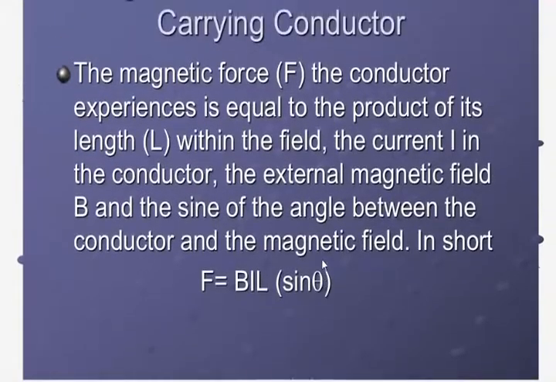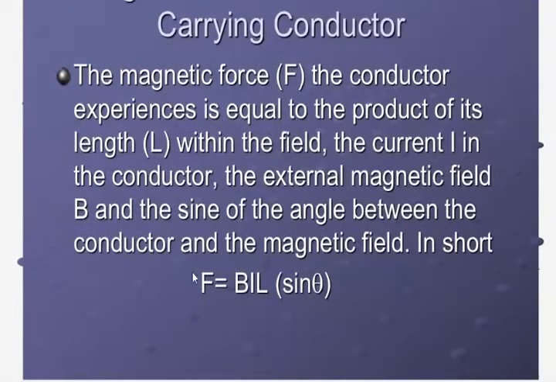So this is the expression for the magnetic force acting on a current carrying conductor when placed in an external magnetic field with field strength B and length of conductor lying in this field.